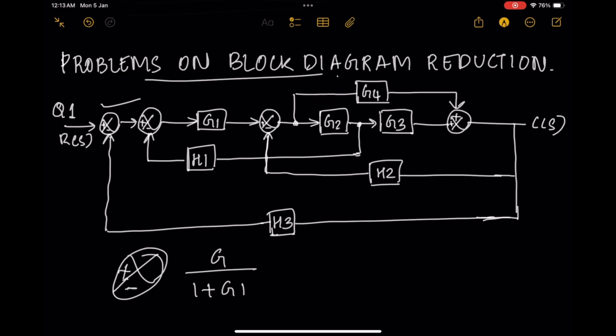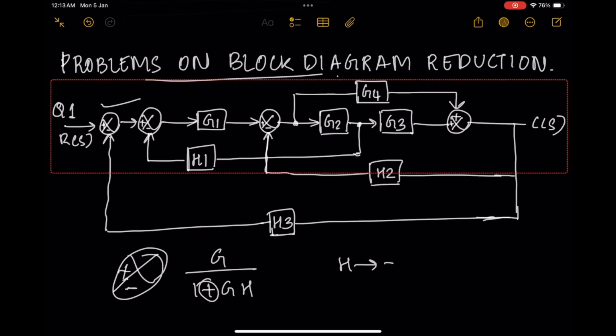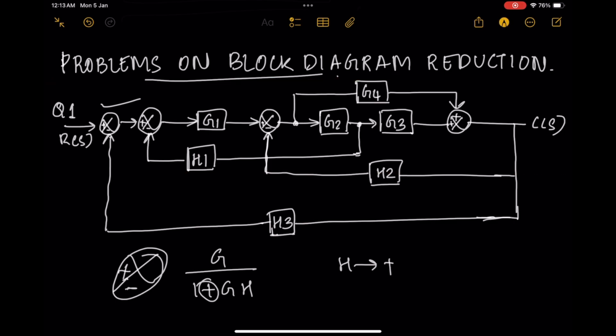That is, we know that if H is minus, then the equation will have a positive sign. If it was the other way around, if here it was plus, then the equation will be G by 1 minus GH. Okay. So that's what we'll be doing next. So I'm moving on to solving this given question.